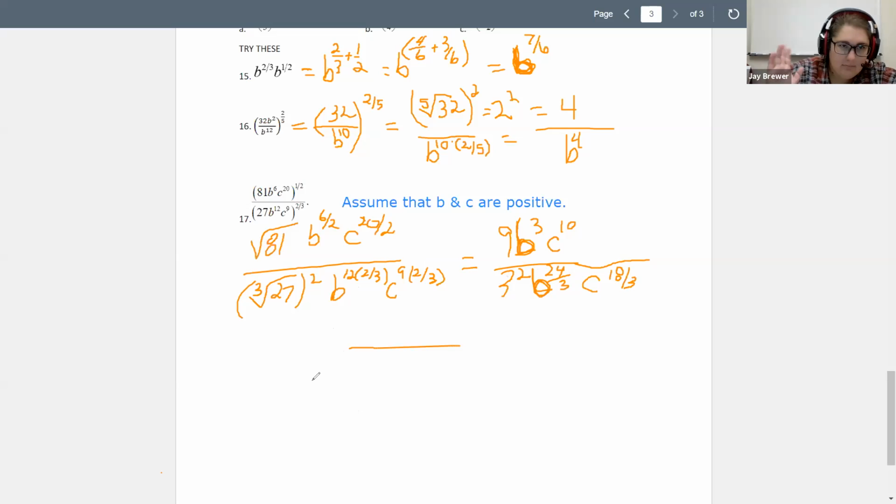They're the same, so they're going to cancel. All right, so then we're going to have b cubed over b to the 8th, c to the 10th over c to the 6th. 8 is bigger than 3, so 8 minus 3 will give us b to the 5th on the bottom. 10 is bigger than 6, so 10 minus 6 will give us c to the 4th on the top.